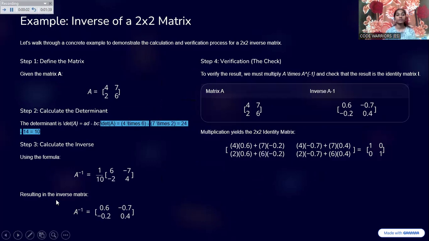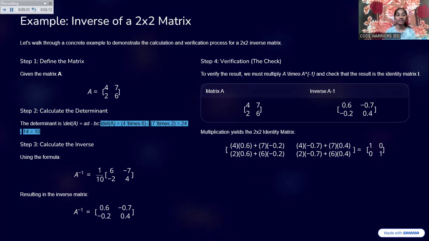Example: the inverse of a 2x2 matrix. First, define the matrix. The given matrix is shown below. Second, calculate the determinant, det A. For the given matrix, det A is the first number multiplied by the last number in the 2x2 matrix minus the product of the other two, for example, 4 times 6 minus 7 times 2, which gives the value 10.